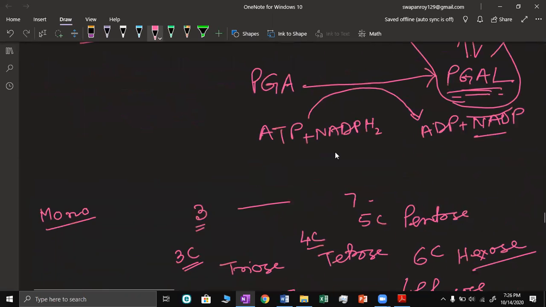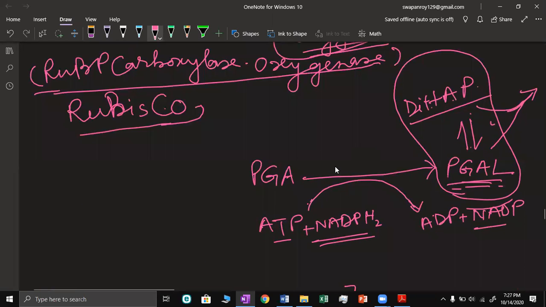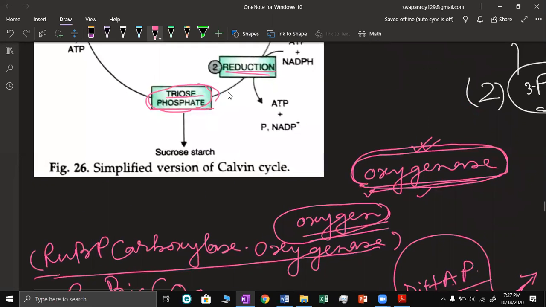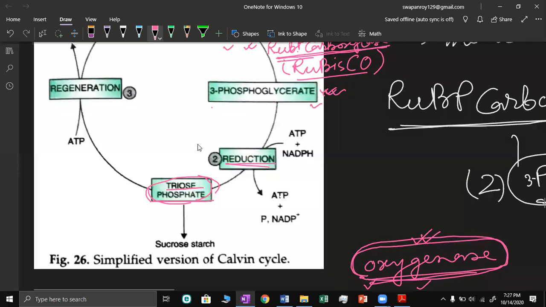During this reduction, as I told, the ATP and NADPH2 which were produced in the light reaction are consumed here, and the enzyme here is triose phosphate dehydrogenase. They have not written the enzyme name.